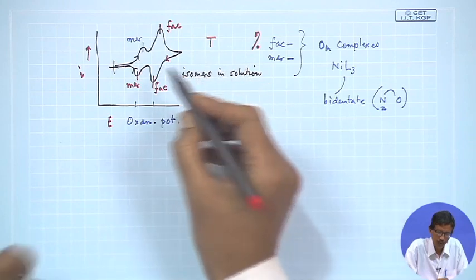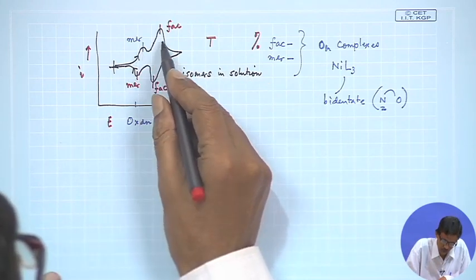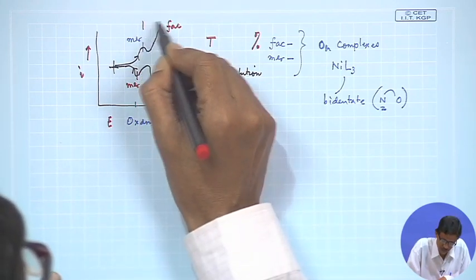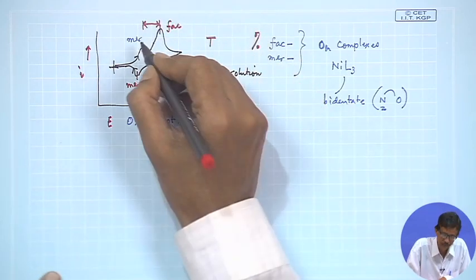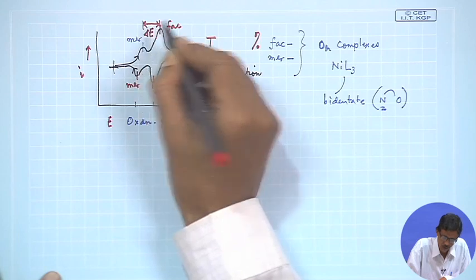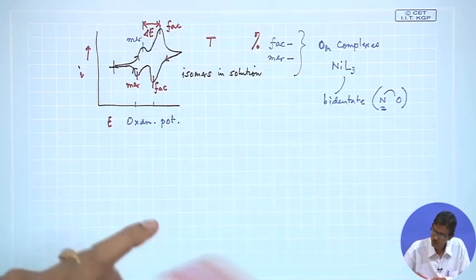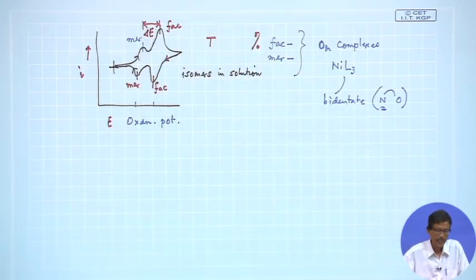If we look at the differences, this separation, this delta E value for these two isomers is sometimes so overlapping that we cannot resolve it very nicely.